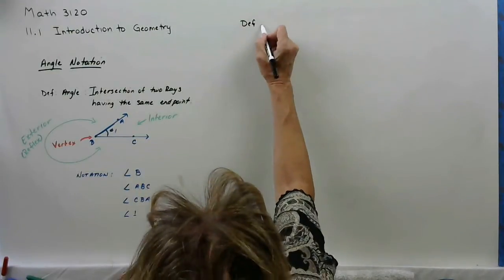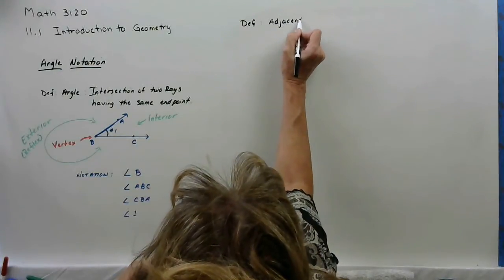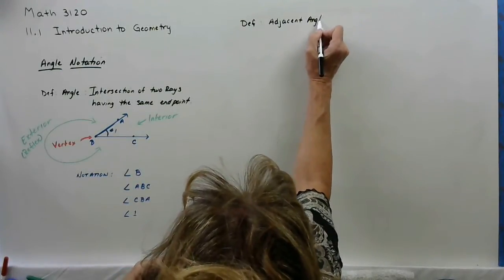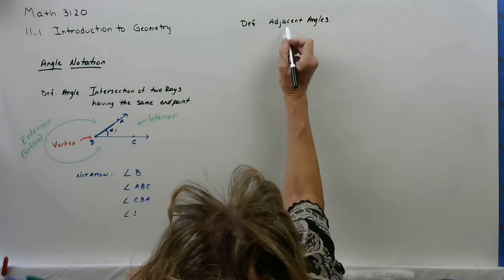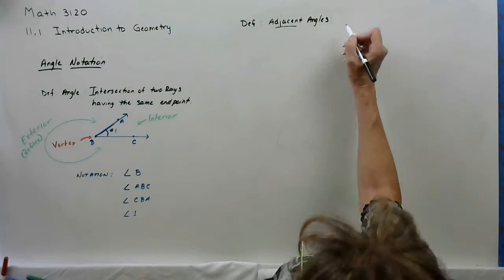We've added an adjective: adjacent angles. This word adjacent geometrically means the same thing it normally does. It just means next to. So if you're next to somebody, you are standing adjacent. Adjacent angles are angles which are next to each other and they share a common side.